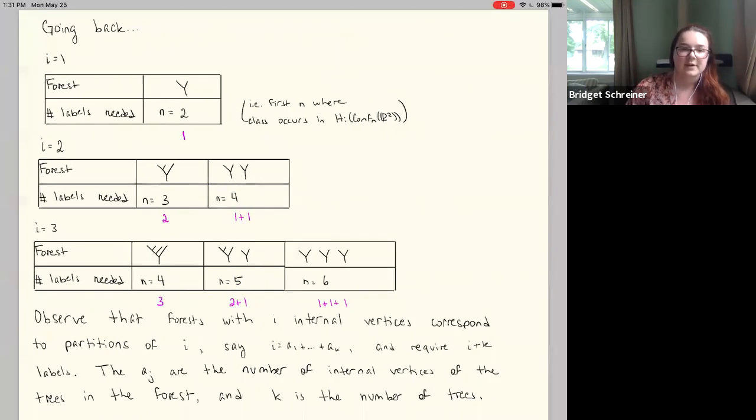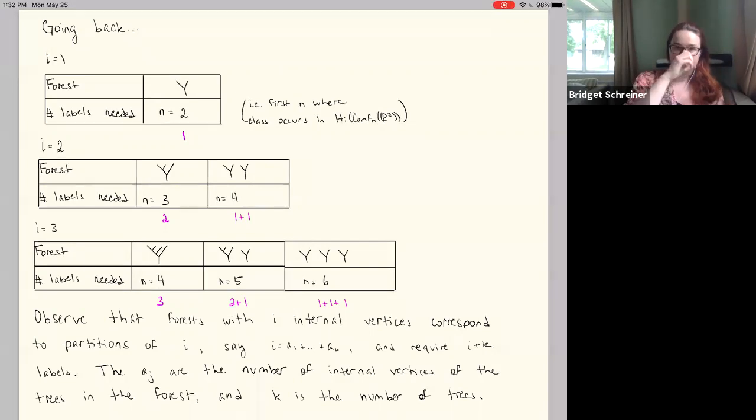So to put partitions to these, this first one is just the only partition of the number 1, so we just get 1. For i equals 2, we have two partitions of the number 2: 2, and then 1 plus 1. And for i equals 3, we have 3, 2 plus 1, and 1 plus 1 plus 1.